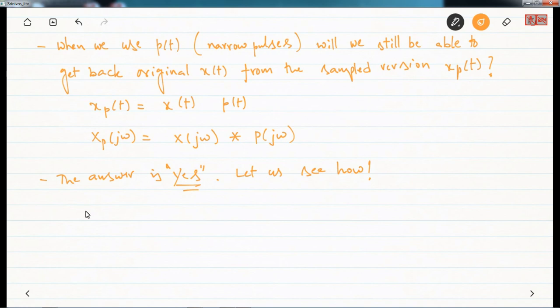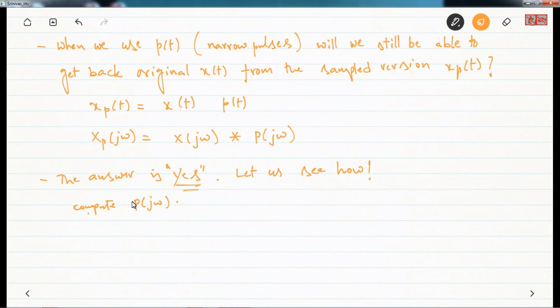So the first step is to compute p of j omega. What I said previously was, how do we compute p of j omega? So p of t is periodic.